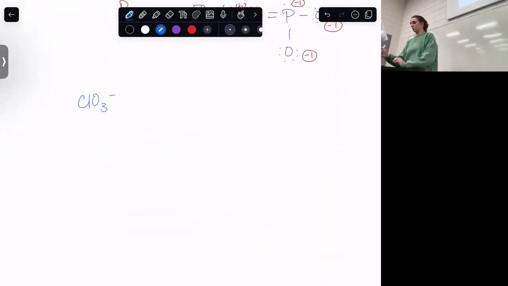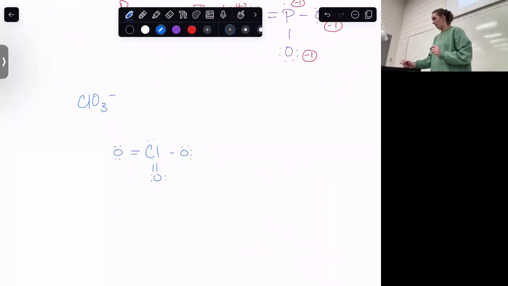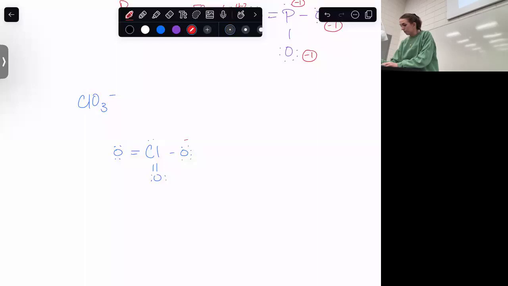And if you remember, we made it so that it looked like this. So our oxygen on the right here in this case is the one that has the negative charge to match our ion.